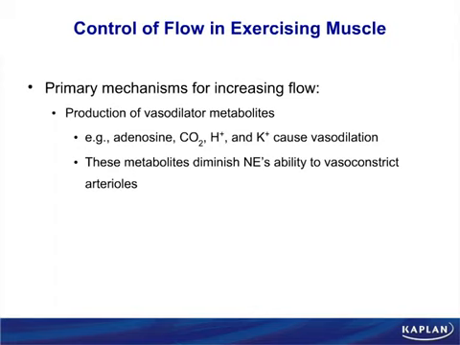Dynamic exercise, running, walking, swimming, riding a bicycle, etc., is a big flow demand for the cardiovascular system, and that working muscle has to get an increase in flow in order for it to work. So one of the big players is vasodilator metabolites.